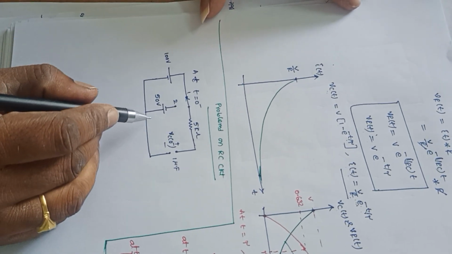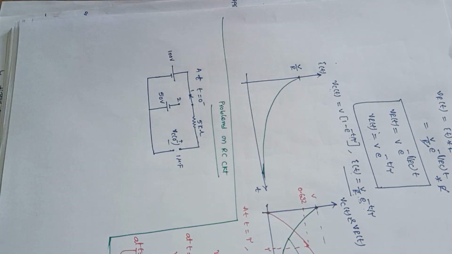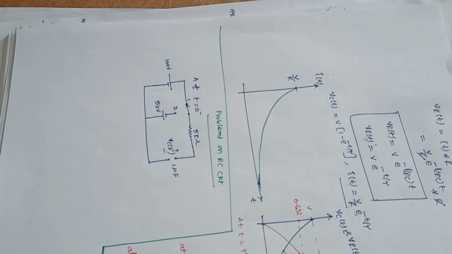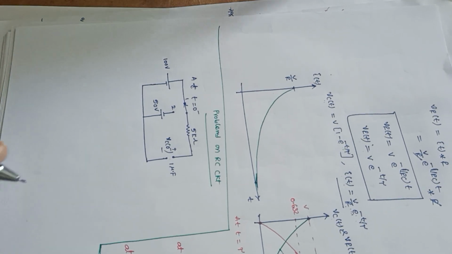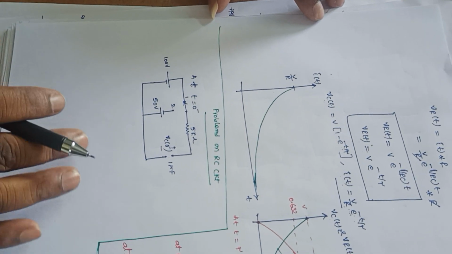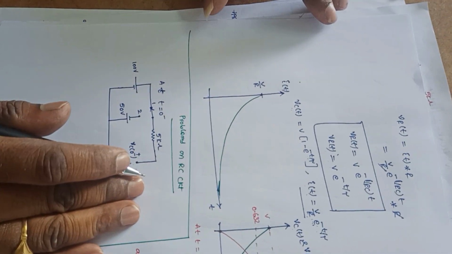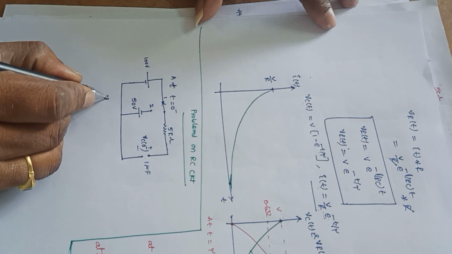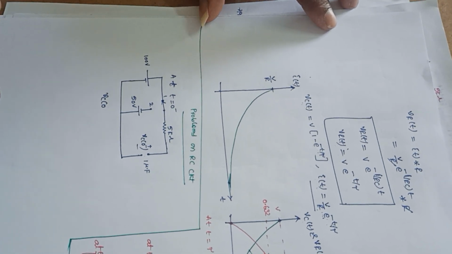Now what I have to find here is Vc of t, the voltage across the capacitance. So initially I'm going to find this Vc of 0 minus.